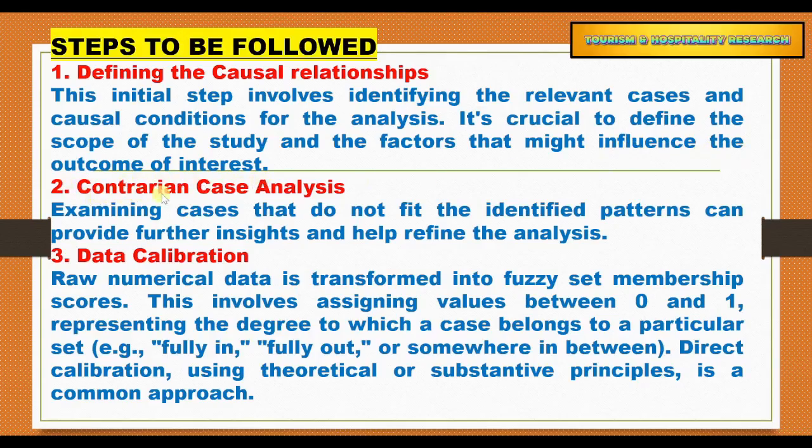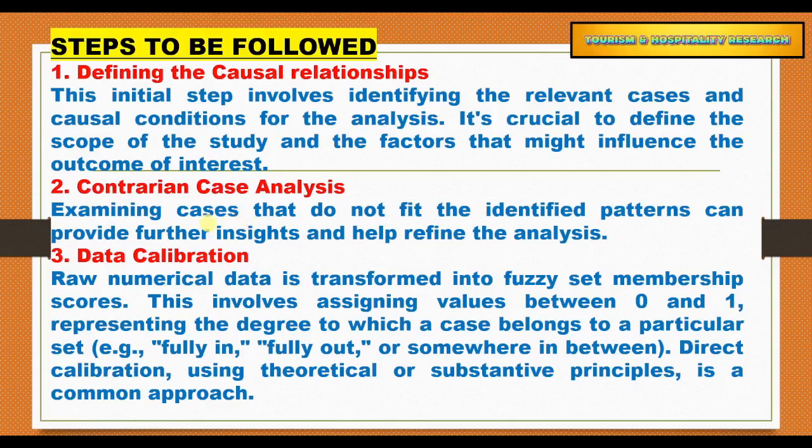The second step is identifying the contrarian cases. This will help us in justifying the use of fsQCA. What are contrarian cases? We do their assessment in SPSS, not in the fsQCA software. These are those cases which are different from the majority of the cases.